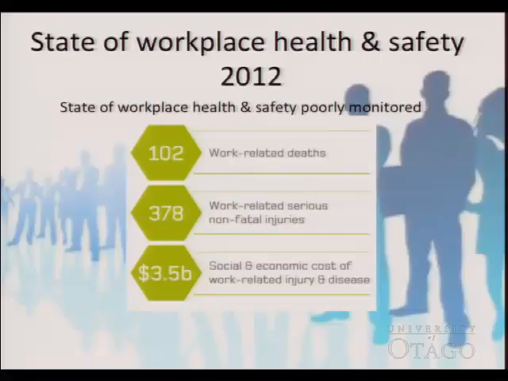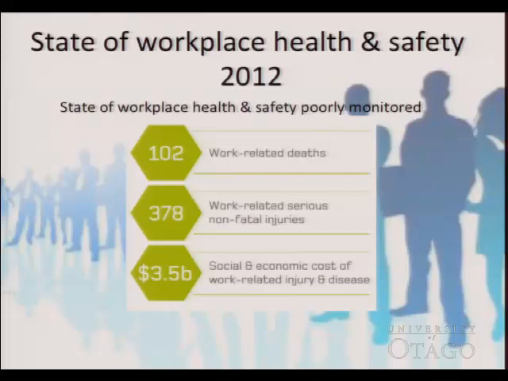Okay, so just some updated figures in terms of the state of health and safety in New Zealand. It's only really possible to get updated figures for injury, and these are quite poorly monitored and they can vary a little bit, but the best estimates we've got go back to 2012.